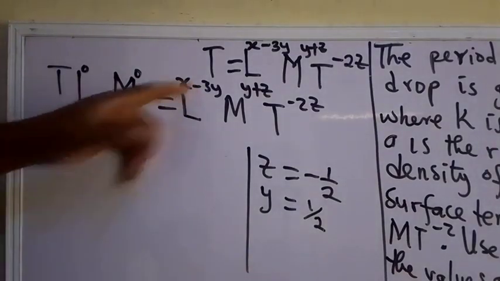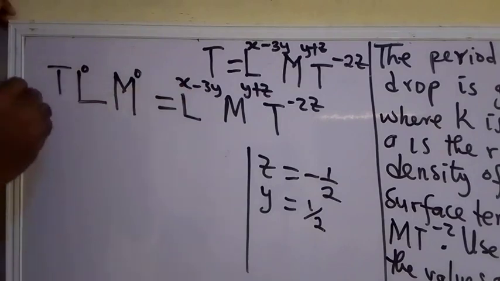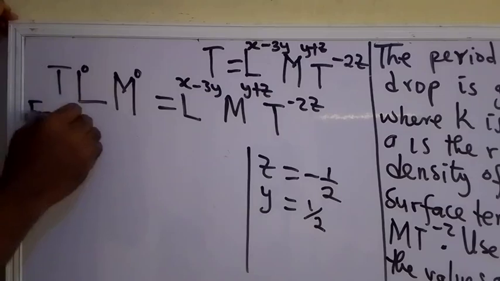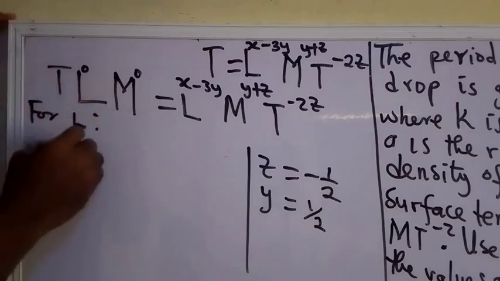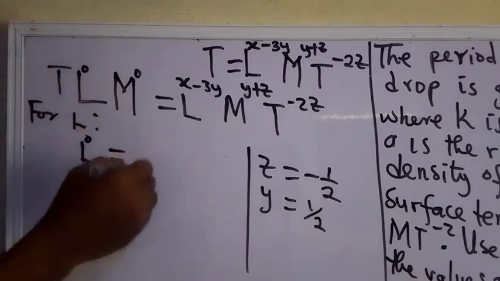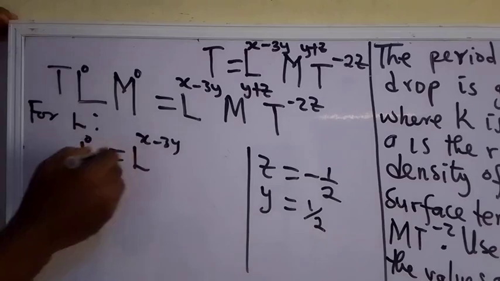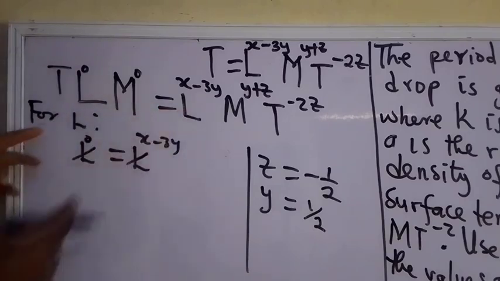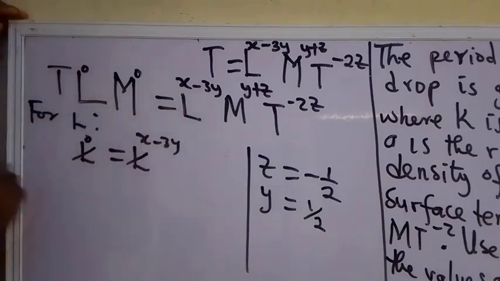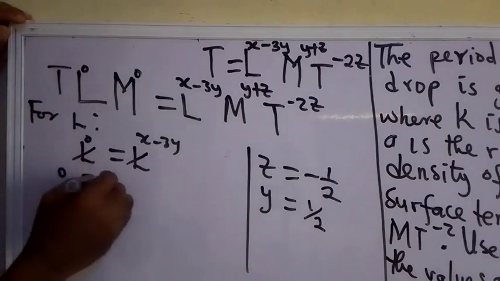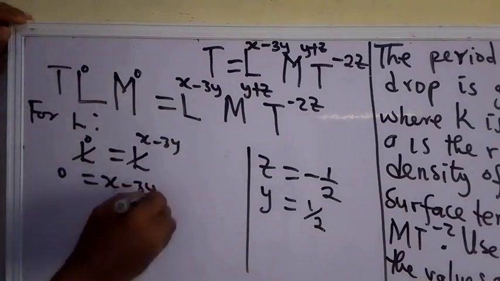X is, of course, on L. We say 4L. On the left, L is raised to power 0 equal to, on the right, L is raised to power x minus 3y. Their bases equal, their powers equal. So we have 0 equal to x minus 3y.